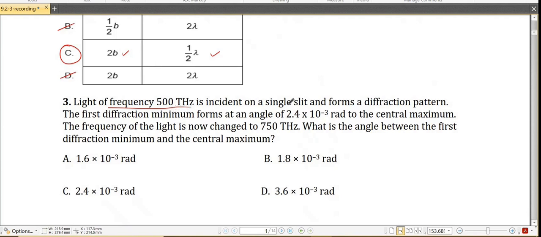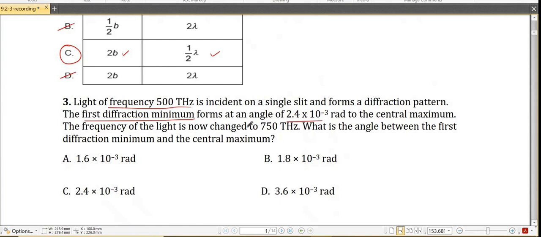It is incident on a single slit and forms a diffraction pattern. The first diffraction minimum occurs at an angle of 2.4 times 10 to the power -3 to the central maximum.